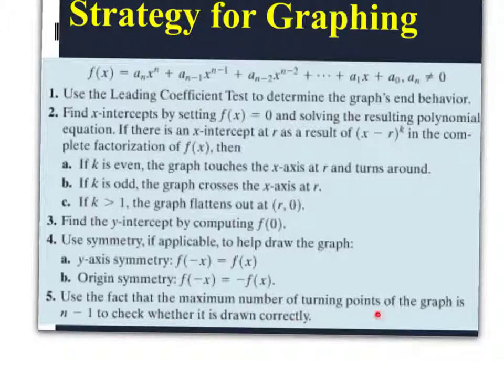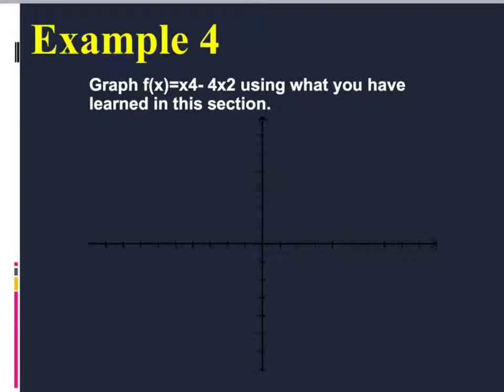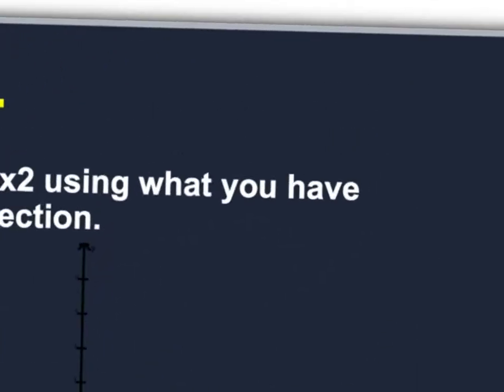And then always look at the max number of turning points to make sure you're on the right track. So let's put all of this together in my next example. Alright, in this example, it says graph x to the 4th power minus 4x squared. So let's go ahead and start that. Again, I always like to look at the end behavior first.